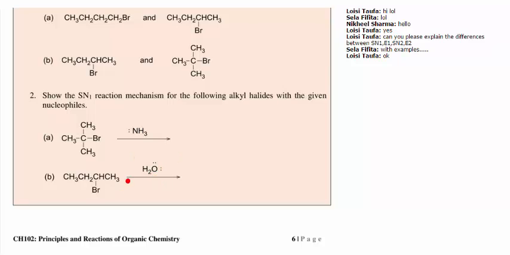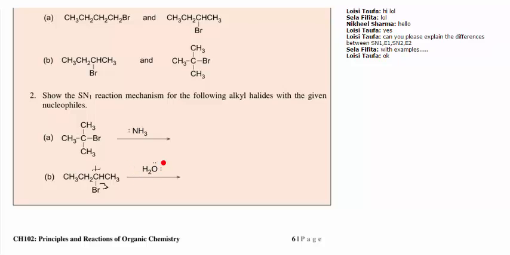Okay, so in part 2, similar to part 1, since it's a secondary carbocation, it will undergo SN1 reaction. The leaving group is going to leave first, leaving behind a positive charge on the carbon.